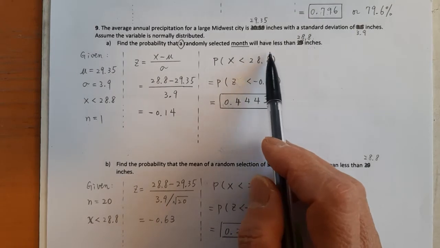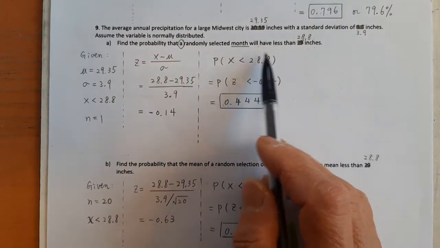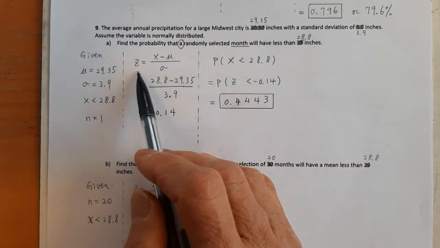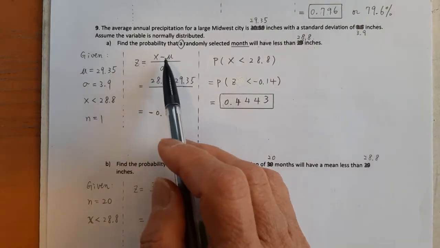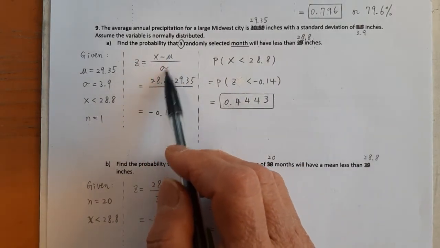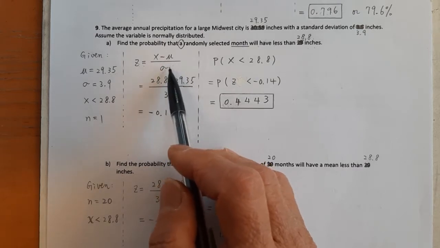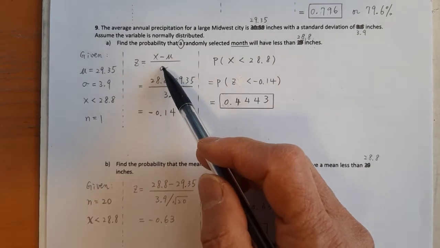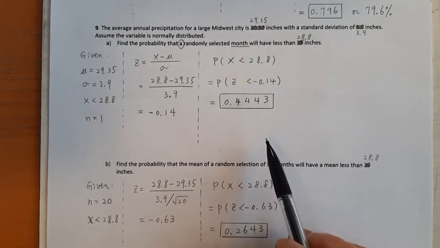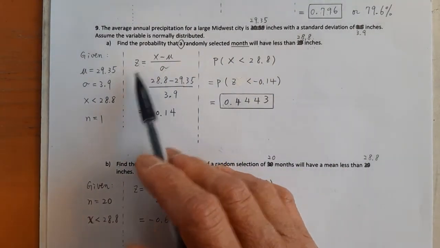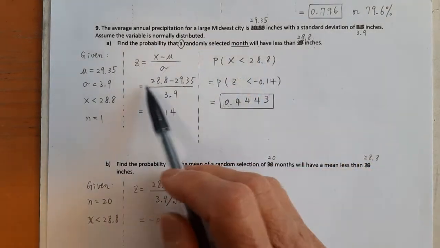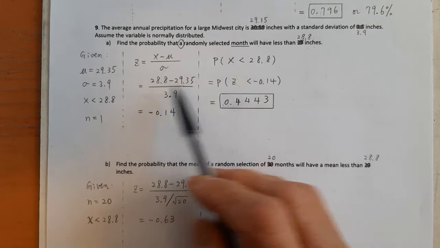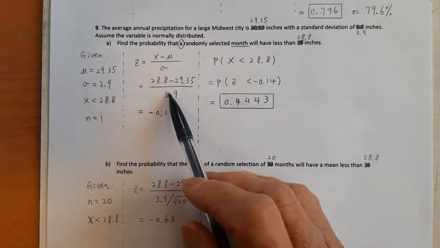First of all, we have to translate 28.8 into a z-score. Use the z formula: z equals x minus the mean over the standard deviation. You can divide by the square root of n, but since n equals 1, dividing by 1 is still sigma. So x is 28.8 minus the mean 29.35 over the standard deviation 3.9.